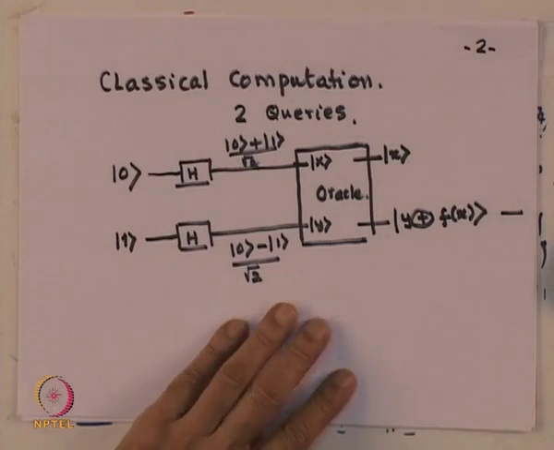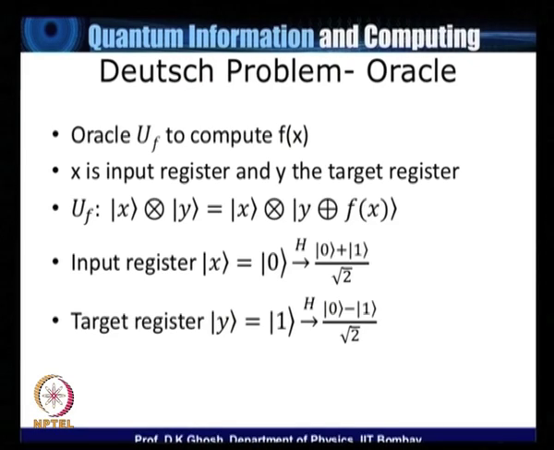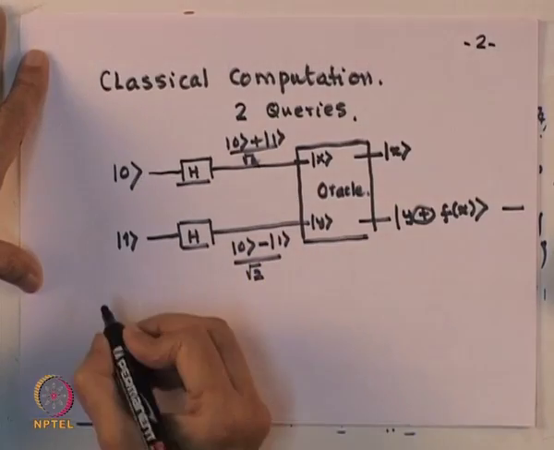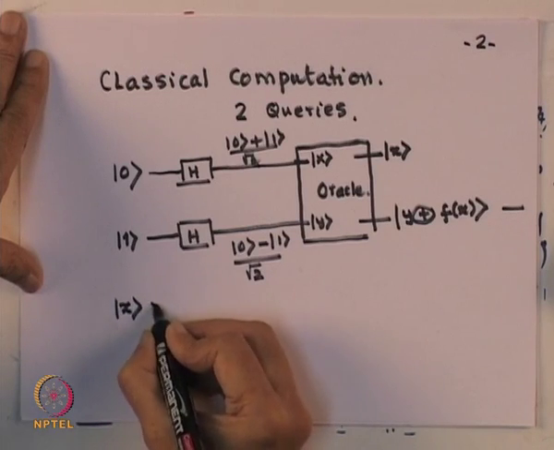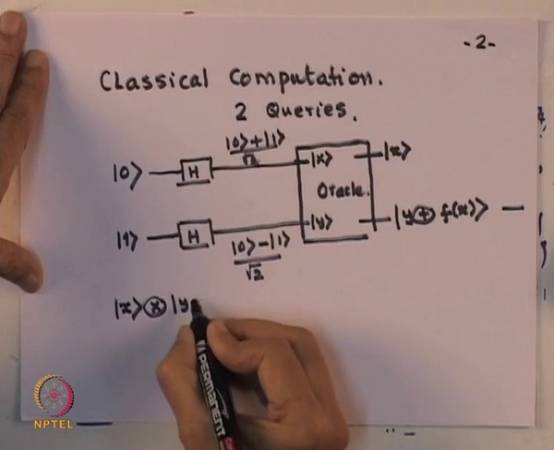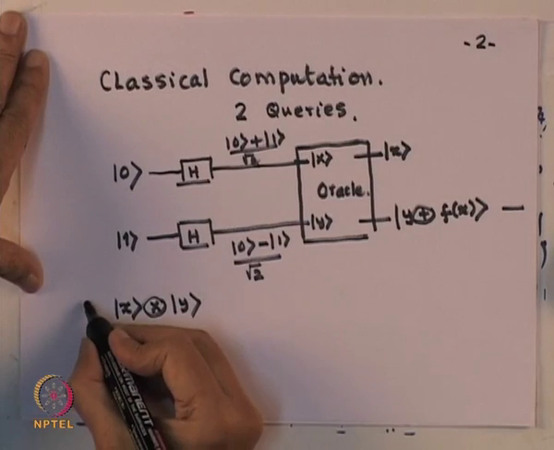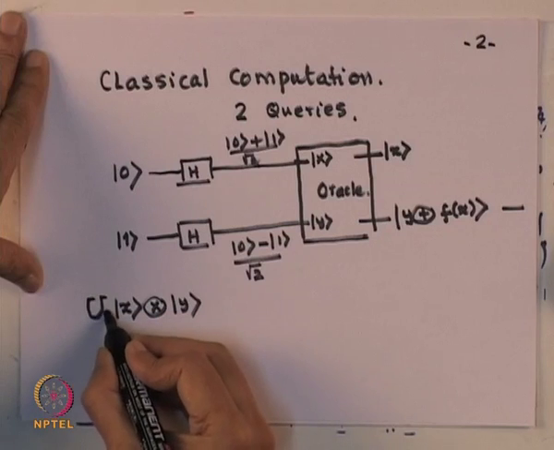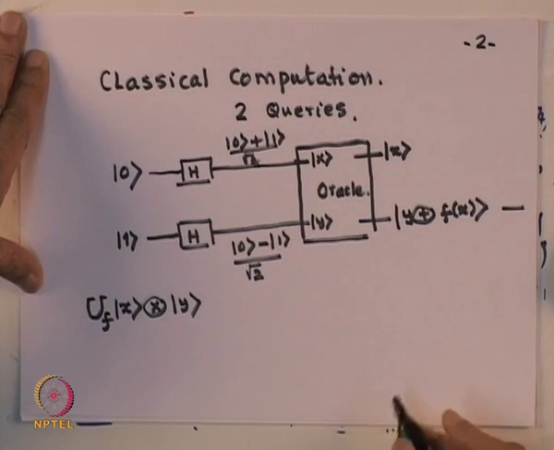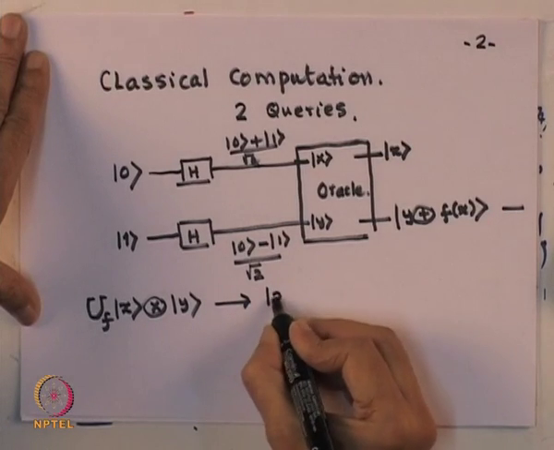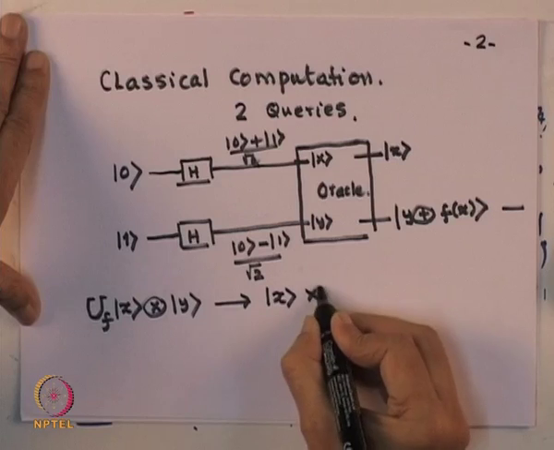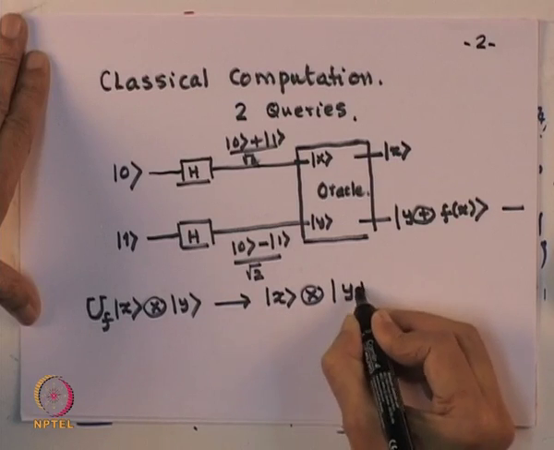So let us look at how this helps. We come back to the question of measurement in a second. So we have seen the input is this. My input, let me write it as X, Y, and what the oracle is doing is to apply a unitary transformation on it, which will give me the state X undisturbed and Y becomes Y plus f(x).